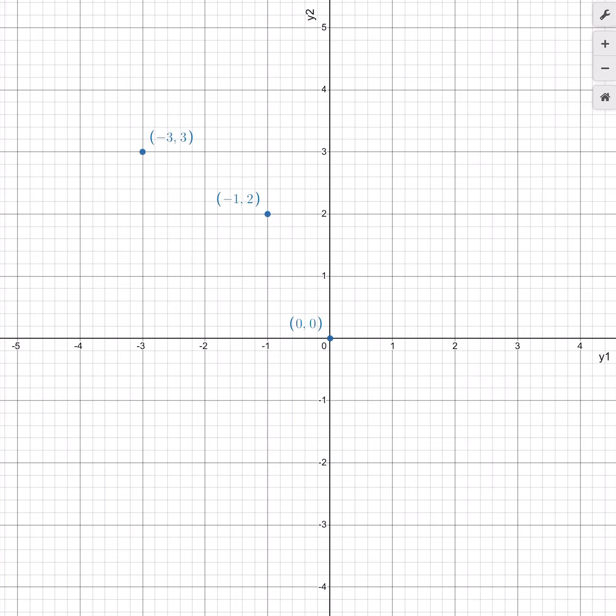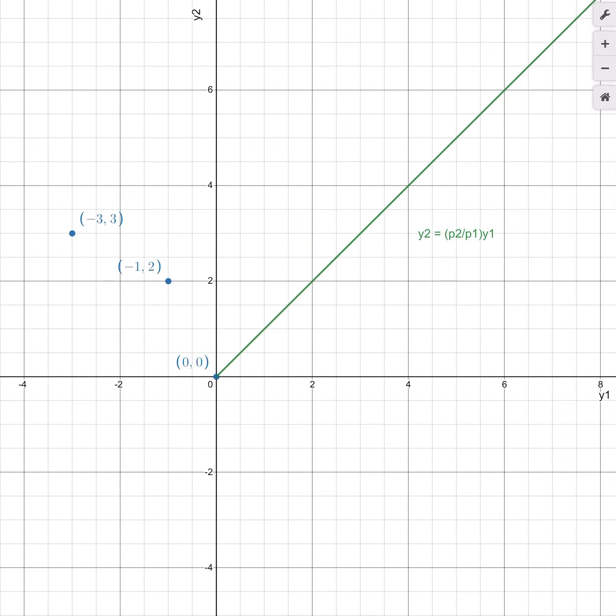Now we're going to add on the line with slope P2 over P1. And there we go, a nice label on it. This line shows the slope P2 over P1.